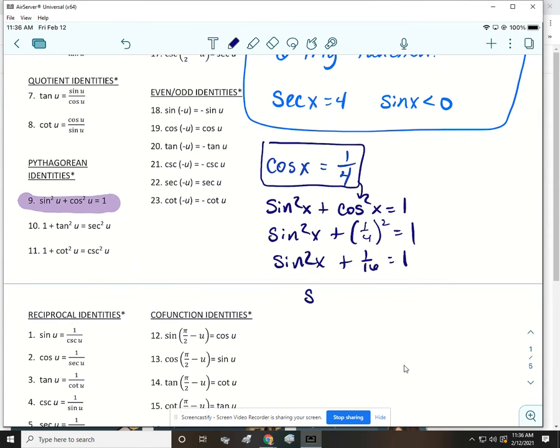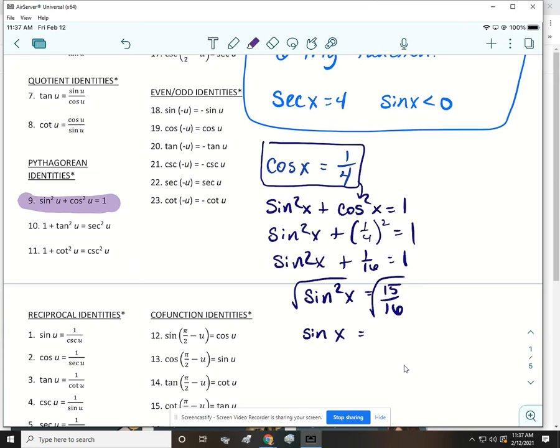Okay, and then I'm solving this for sine. So I'm going to subtract 1/16 from 1, and that's going to be 15/16. And then I'm going to find the square root. Now, normally when we solve an equation by taking the square root, we do the positive and the negative square root, but sine is only going to be one or the other.